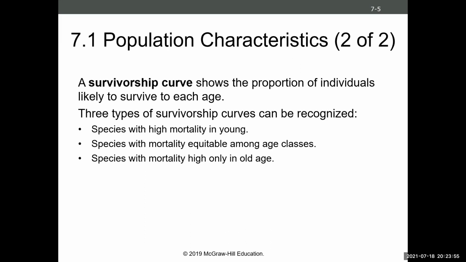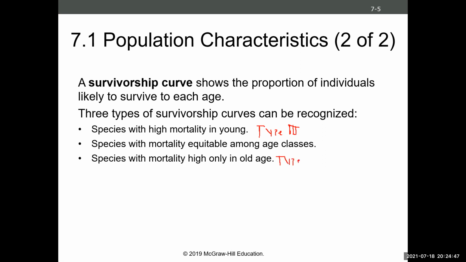And the type of survivorship curve is actually associated with a number. It's basically referred to as a type 1, 2, or 3. Right? So species that have high mortality in the young have a type 3 curve.